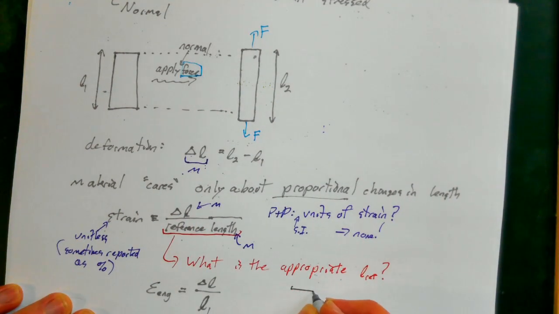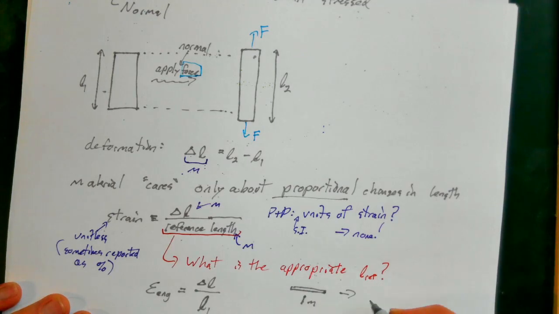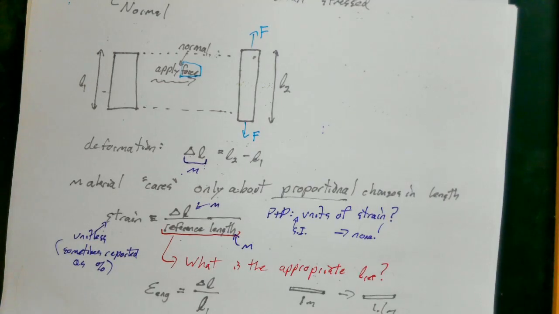If I had a rope that was originally 1 meter, and another rope that was much longer, 10 meters, and I stretched the first to 1.1 meters and the second to 11 meters, the strain in each of these ropes would basically be the same. It's essentially increasing the length by 10%.